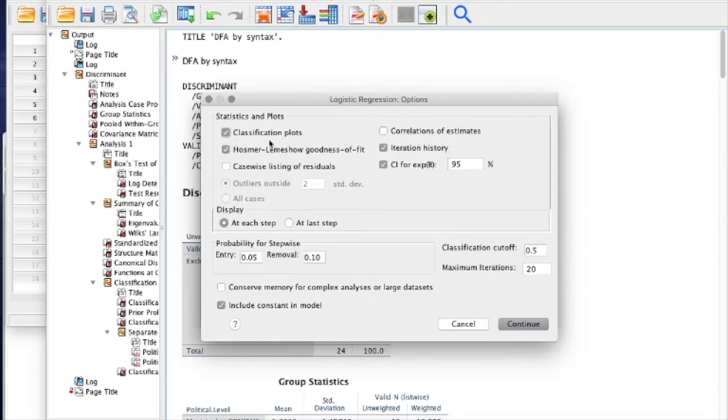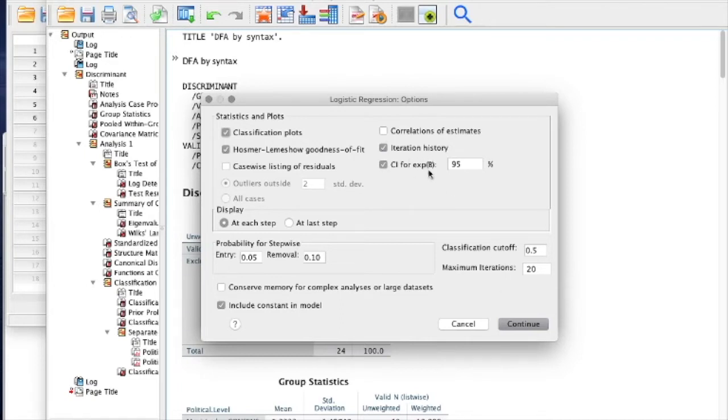So classification plots just tells you how well the regression did at classifying individuals. Goodness of fit tells you how well the model fits. Iteration history is useful to know how many steps it took to get to where you are. And confidence intervals are always good, especially when it's something that we don't always get significance for.